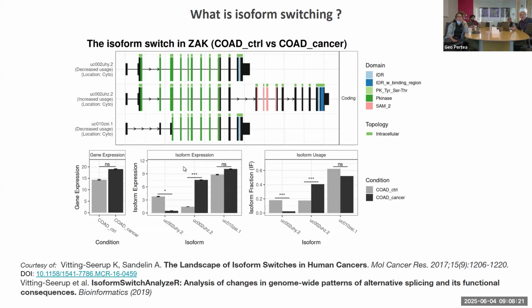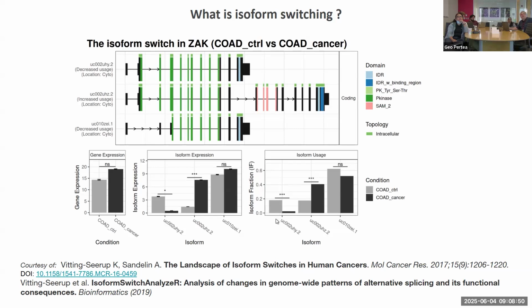If you go to isoform expression level, we can see that there are significant expression differences, but we can find even more subtle signal if you look into each gene separately in terms of isoform fraction changes from one condition to the other. So it increases significance in some situations.